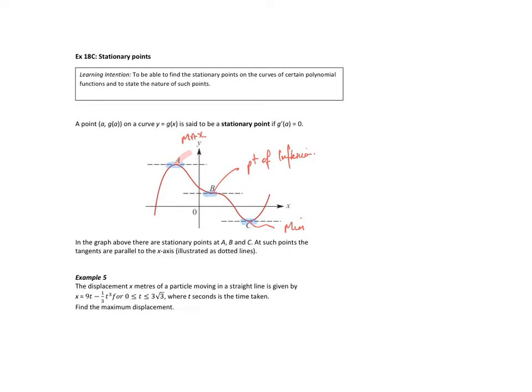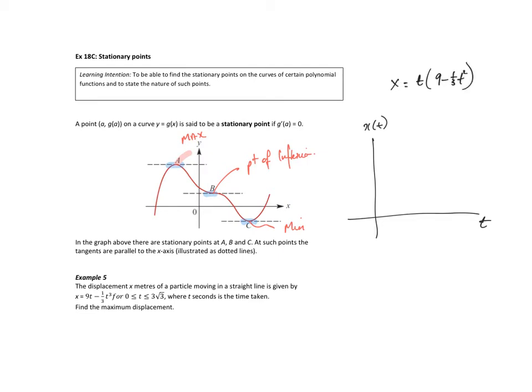Okay, so if we were to sketch that displacement, we've got time, and I've got x of t. X is equal to, if I factorise it, let's take t out the front. That leaves me with 9 minus 1/3 t squared.